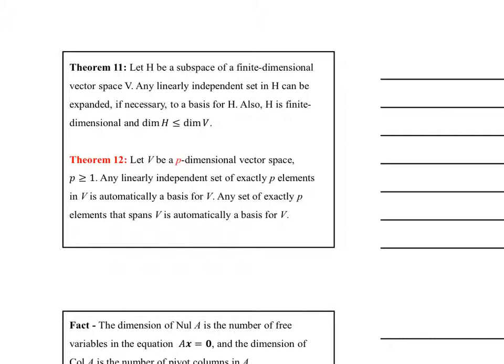And theorem 12 says if V is a p-dimensional vector space, and we have a linearly independent set with p elements in it, then because V is p-dimensional, we know this linearly independent set is automatically a basis for V. And for any set of exactly p elements, if this set spans V, then that set is automatically a basis for V as well.